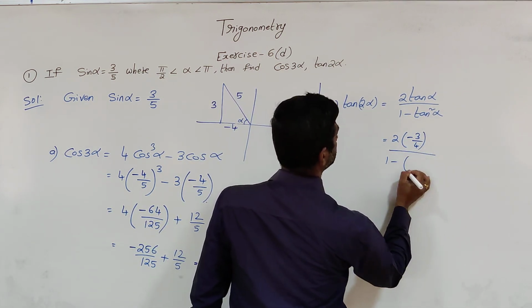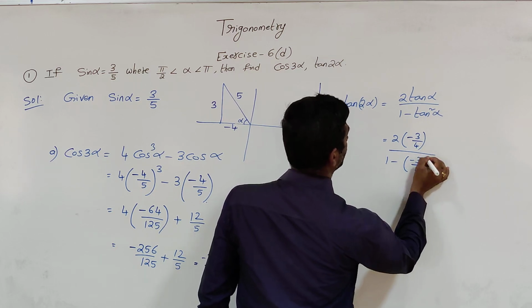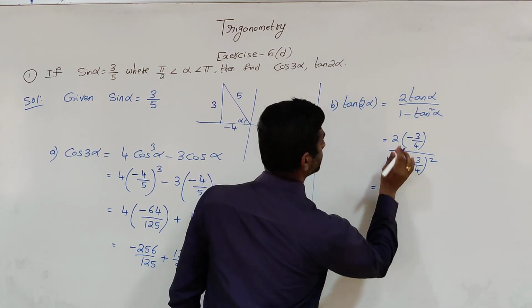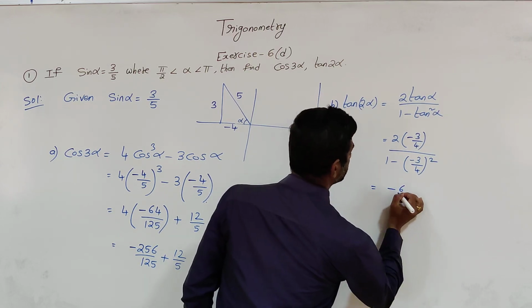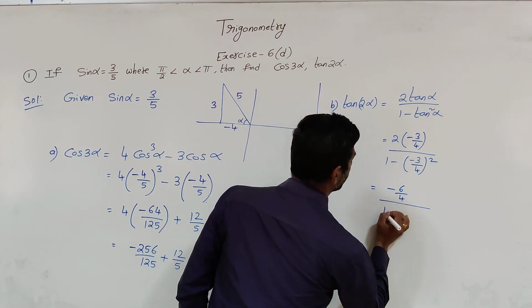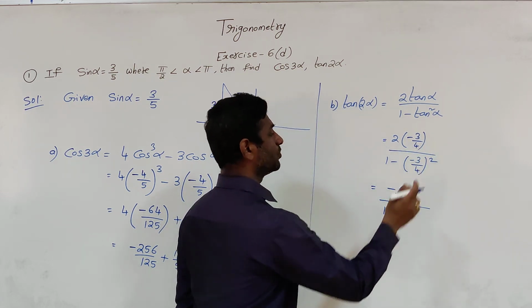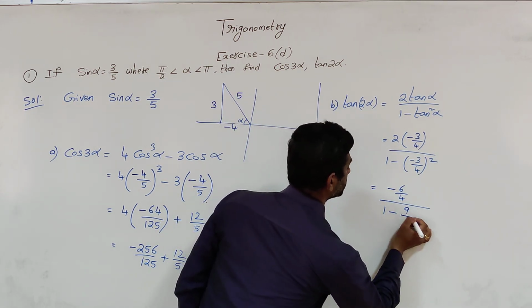By 1 minus 3 by 4 whole square, which is, it will be minus 6 by 4 upon 1 minus 3 by 4 whole square will be 9 by 16.